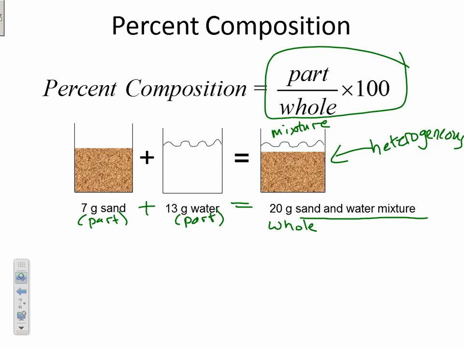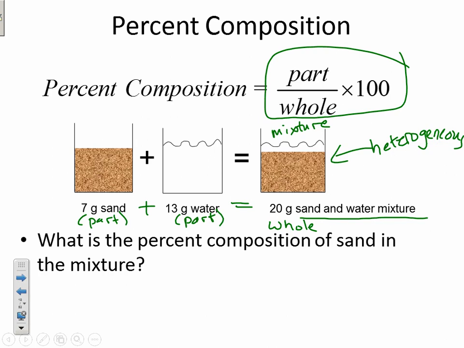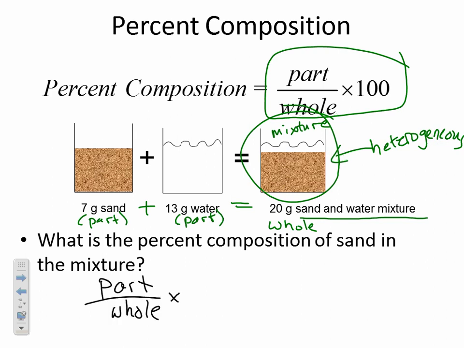And we can calculate the percent composition of sand in the mixture because this is our mixture right here, this is our whole thing. So we have part over whole times 100. If we're looking for the percent composition of sand, that's the part we're interested in.